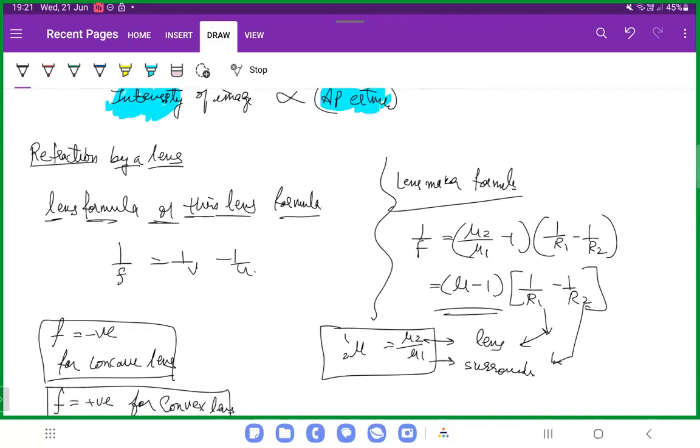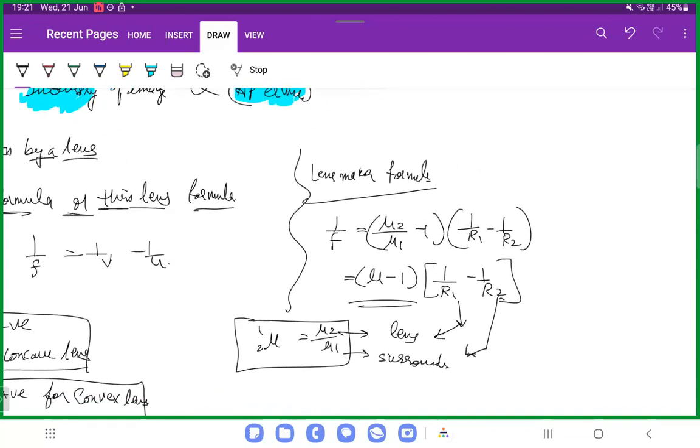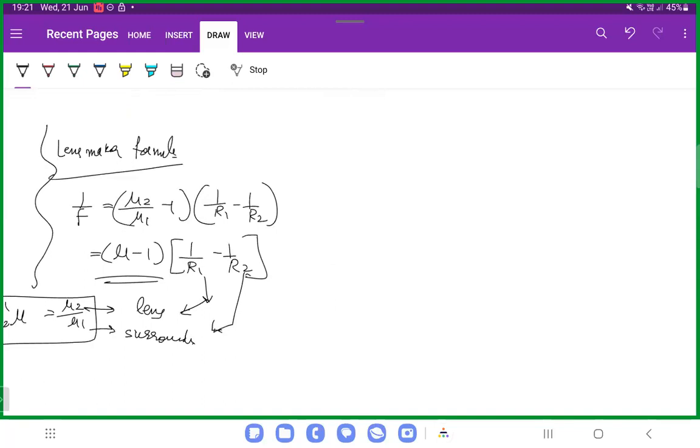Okay, so this is your lens maker formula. So how to get this? It's simple only, same way as with triangles and all that we will see.